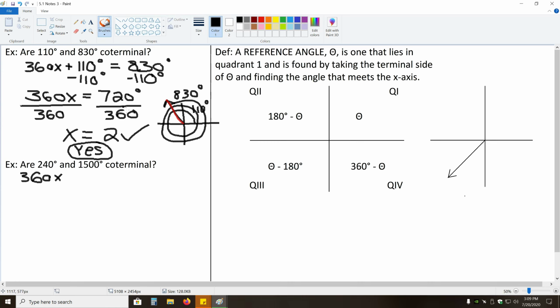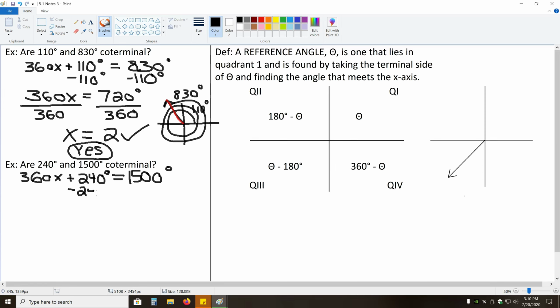If you really cared about that degree symbol being left in your answer, you could always put 360 degrees times x, but it's good either way. Plus, we'll pick 240 degrees equals 1,500 degrees.